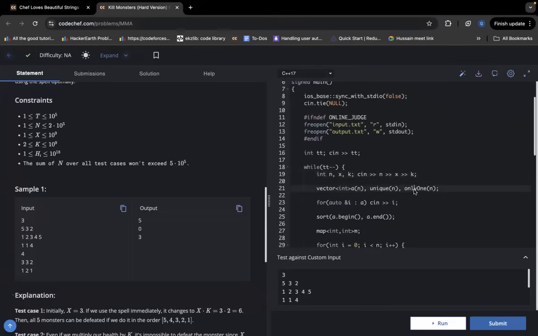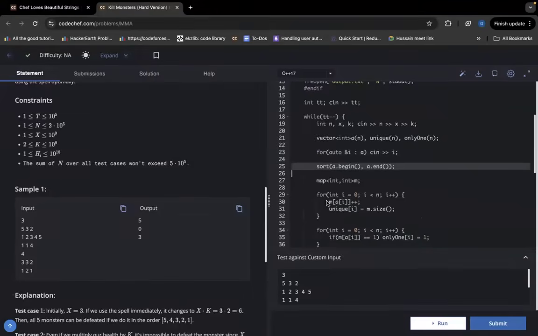Now I am storing the only one array, which is the prefix sum of the difference array technique that I'm using. Unique, for every index, stores how many unique elements are there in that prefix, and this is just my array. Now I take in my array, I sort it, then I use a map.